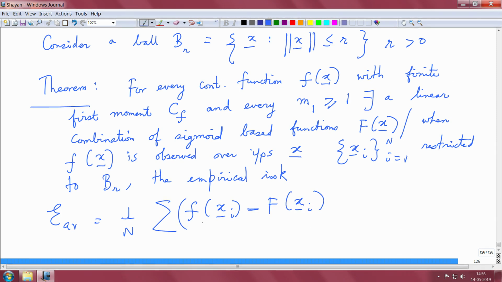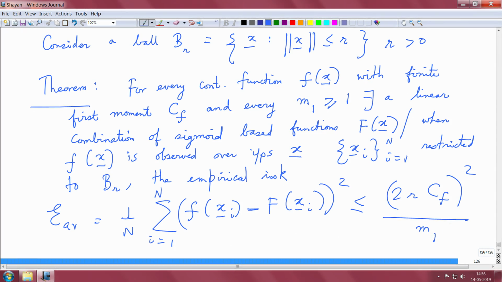This squared error is less than or equal to this quantity, 2 r Cf the whole squared upon m1. And this is a very important result, that this empirical risk is bounded by this quantity.